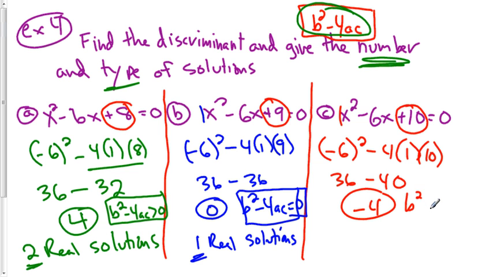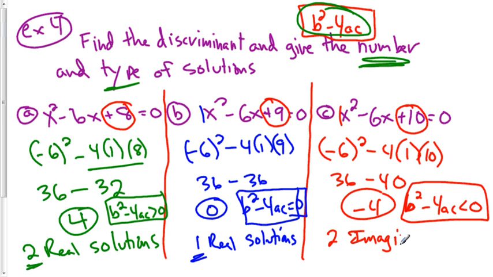So I have the discriminant that is less than 0, which means it's a negative number. So I am going to get 2 imaginary solutions. Okay, we originally talked about it as both 0 real solutions and 2 imaginary solutions, but now we can just talk about it as being 2 imaginary solutions.